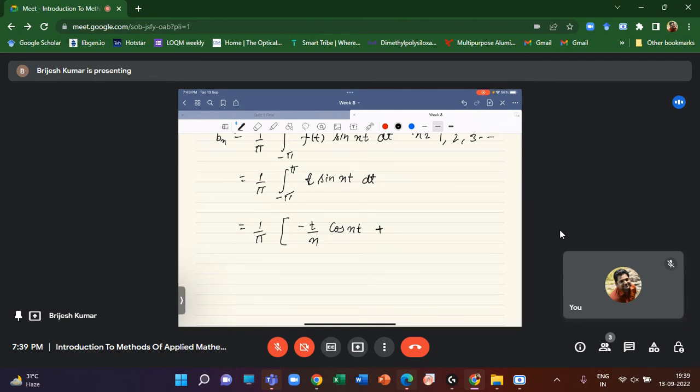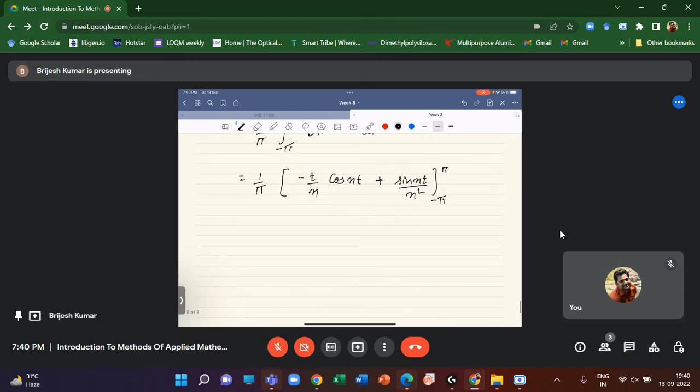So minus will be plus, and again the integration of cos will be sine nt upon n square, from minus pi to pi. So this will turn into minus t.